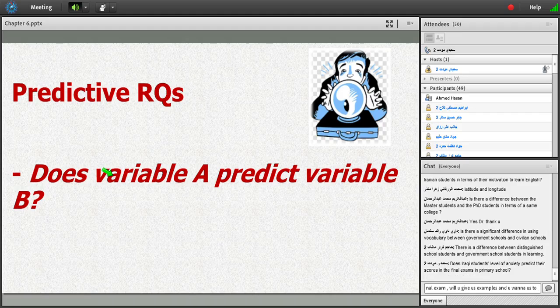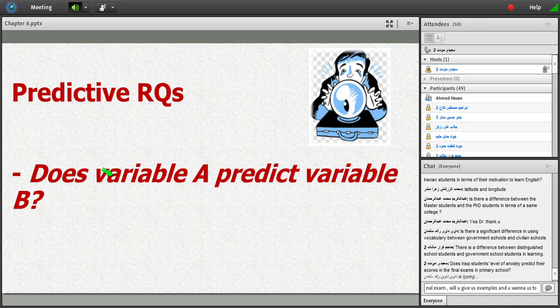I want to check whether the student's level of anxiety can predict, can show me how their scores would be in the final exam. For example, if I have a student who has a high level of anxiety, would get a low score, so that I can take an action and I can help my student. Okay, so this is actually the predictive research question.